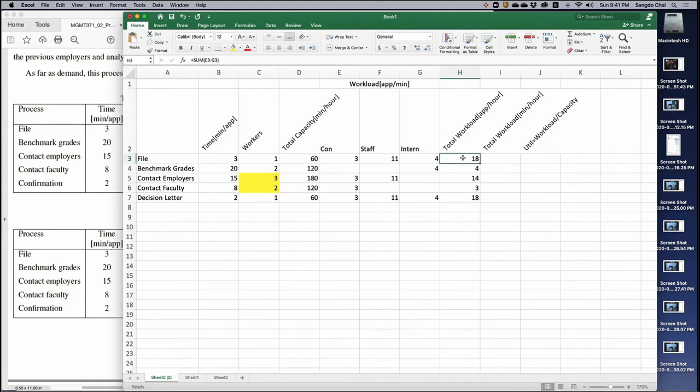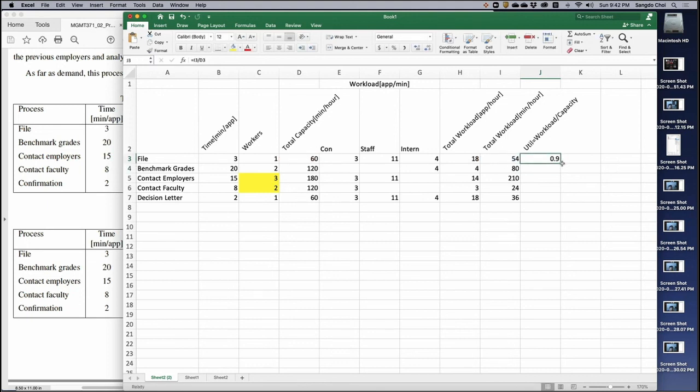They have to process 18 applications, and it takes 3 minutes per application. What is the total required time? 3 minutes times the number of applications, that is the total workload. Then we copy, and again utilization uses the same equation, total workload in time units divided by capacity. You have to use the same unit, and your capacity will be this column.